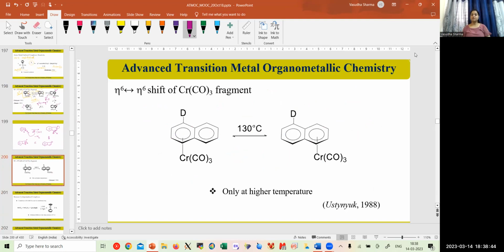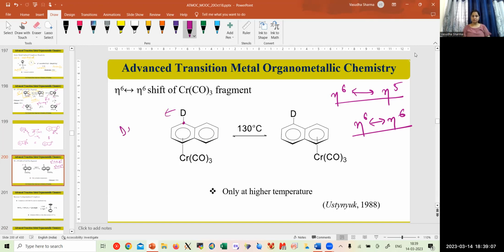Now another example of eta 6 to eta 6 shift. Earlier what we saw was eta 6 to eta 5. Now we have an example of eta 6 to eta 6. That means from one arene, it is going to another arene. So to distinguish these two arenes, one proton has been exchanged with deuterium.